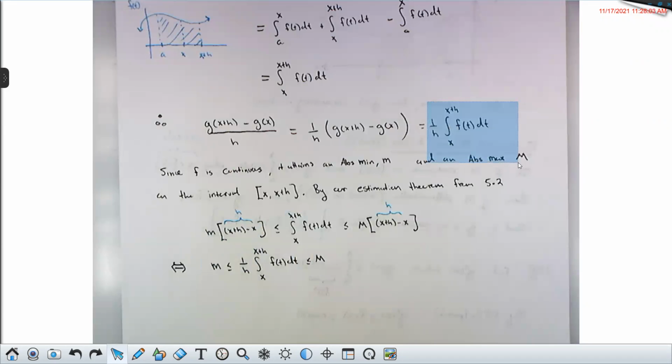So we're starting to build up the thing we want. This thing here is this thing here. It's going to let us get a bound on the possible values of that derivative. Remember what the word attains means. It means that this function actually hits that min and actually hits that max.